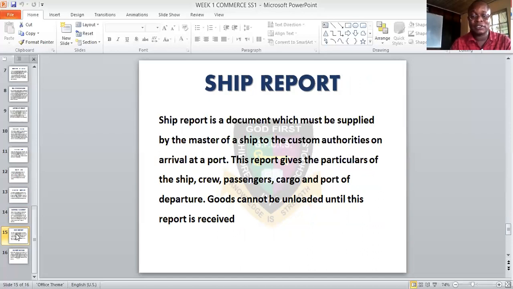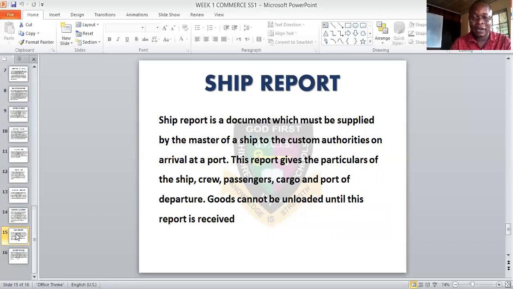Then we also have the ship report. This ship report is a document that must be supplied by the master of the ship to the customs authorities on arrival at a port, when they get to their destination.